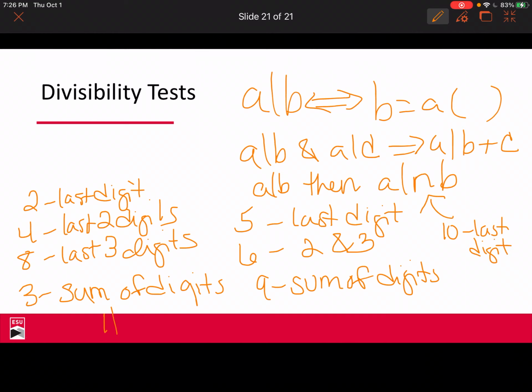And 11, alternating sum. And that's right to left. And that covers all we need to know about divisibility.